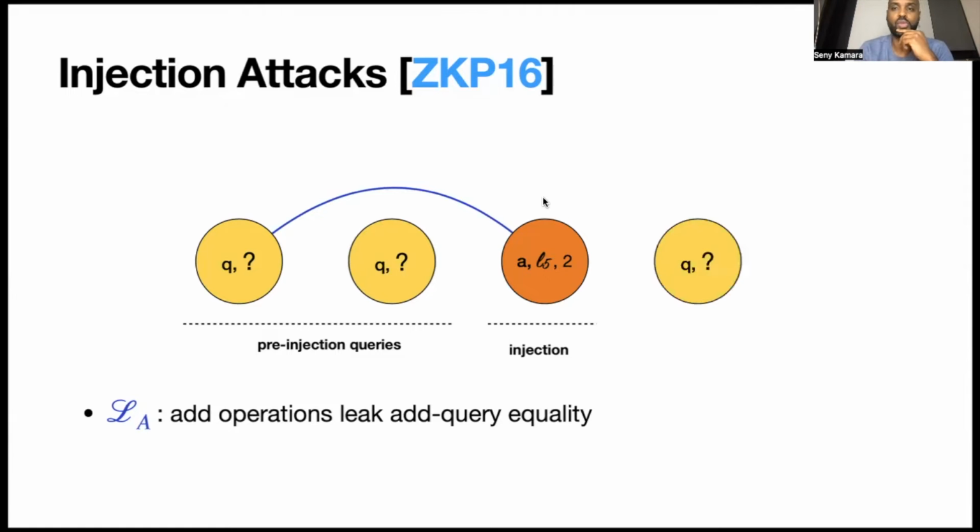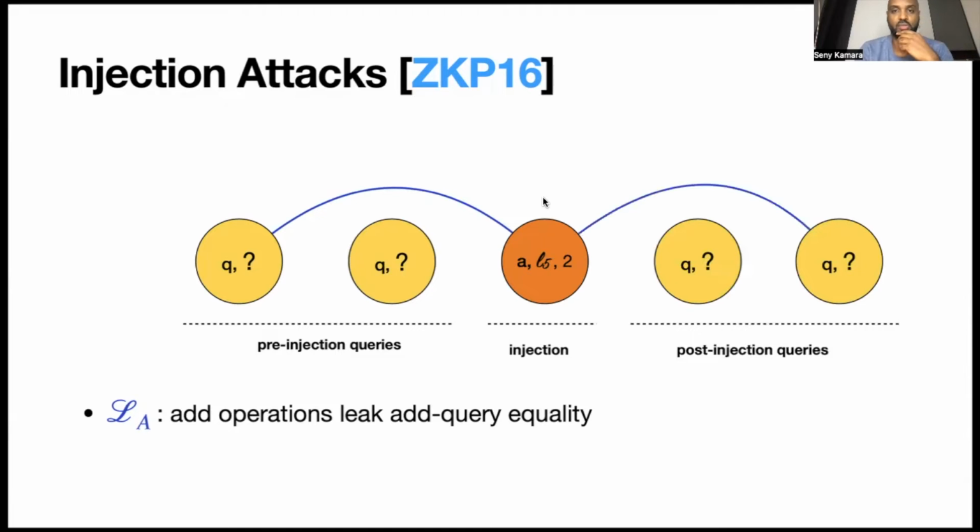And if I keep querying, these are the post-injection queries, and suppose my last query was also for L5, then this leakage profile will reveal the correlation between the injection and the last query. Because the adversary knows that the injection was for L5, it knows that the last query was also for L5. So this is the idea behind injection attacks.